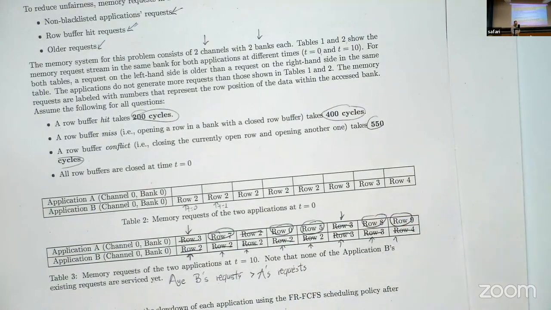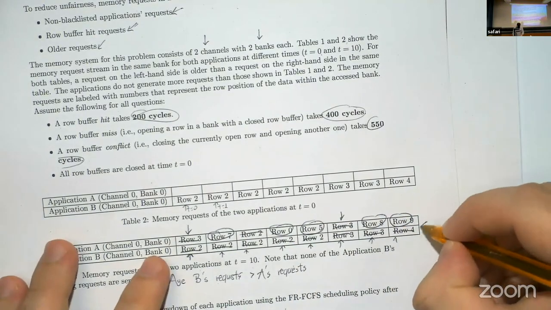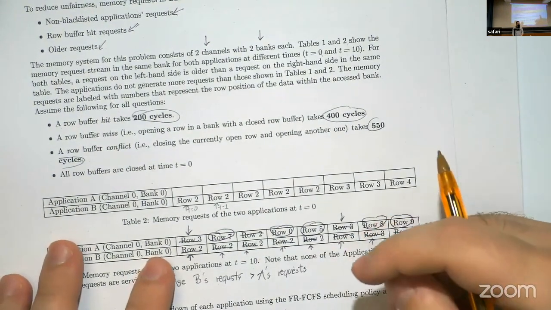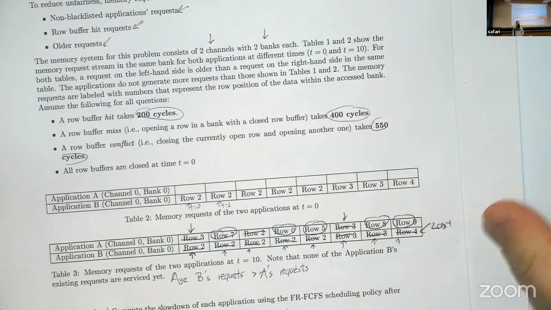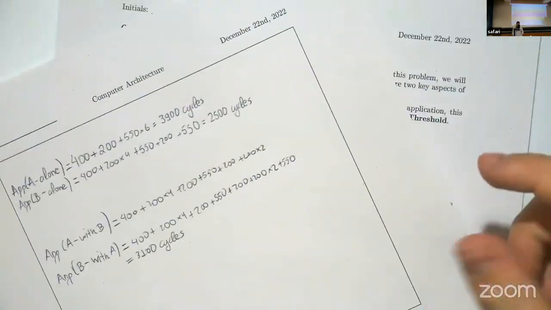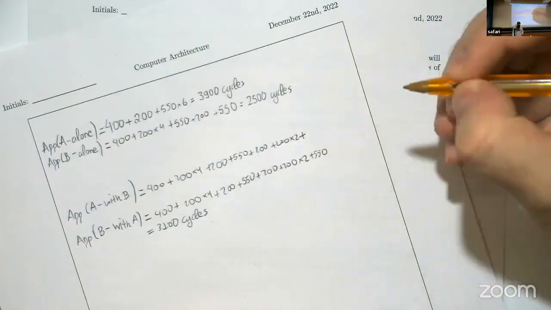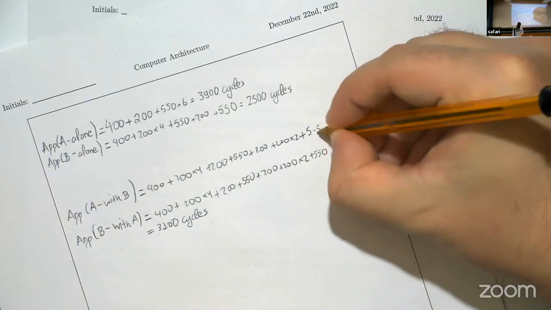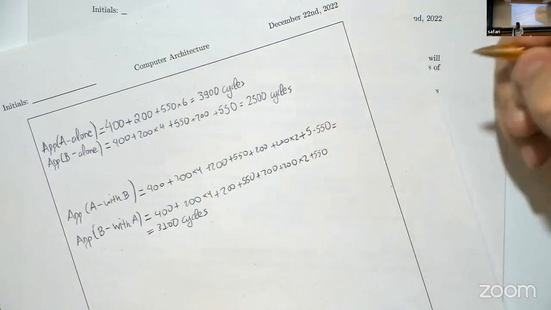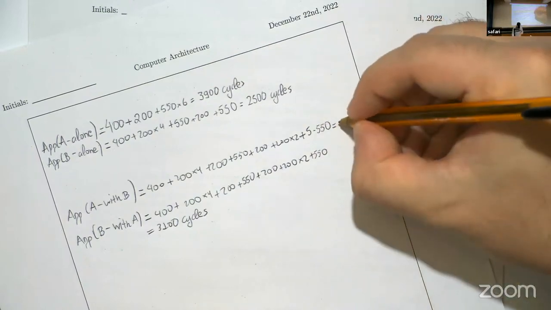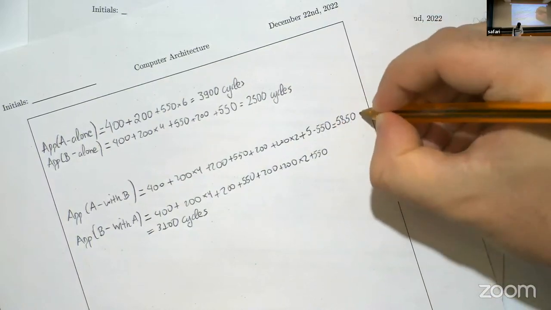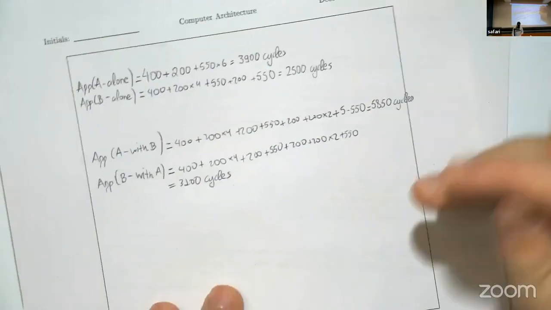And currently the only row that's activated is row 4, which was the last request. All of these are conflicts because we need to open up a new row every time, which means that application A will experience 5 more conflicts, which makes the total latency 5,850 cycles.